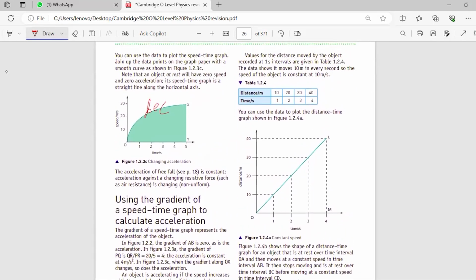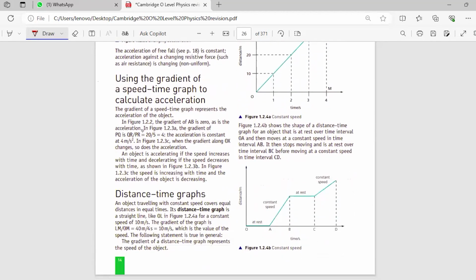And from the speed-time graph, the area under the graph gives us the distance moved, that is the area under the line or graph. While the gradient gives us the acceleration.